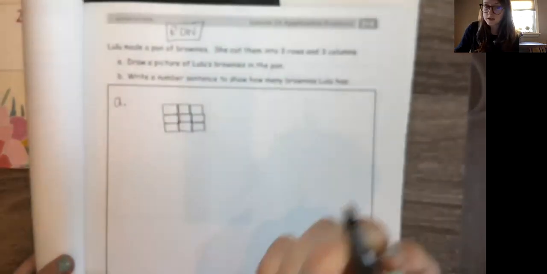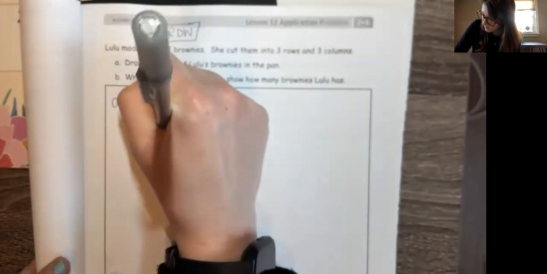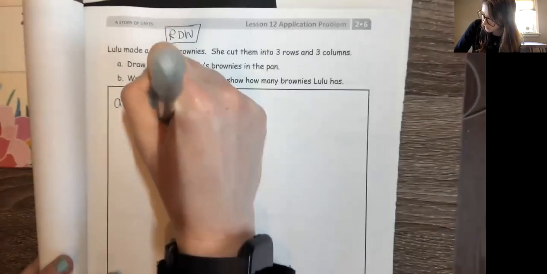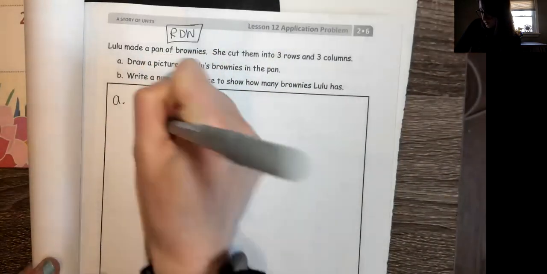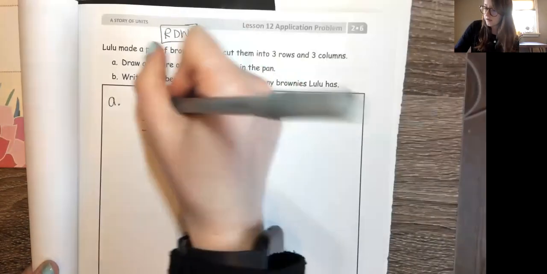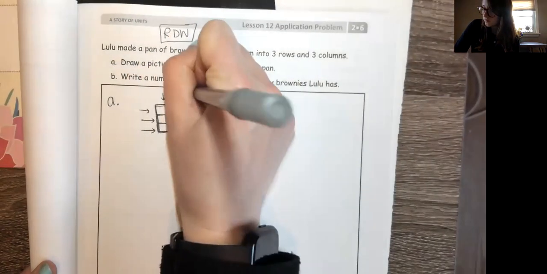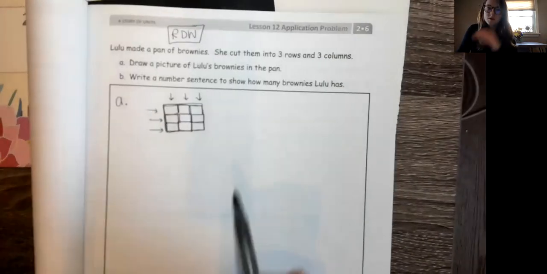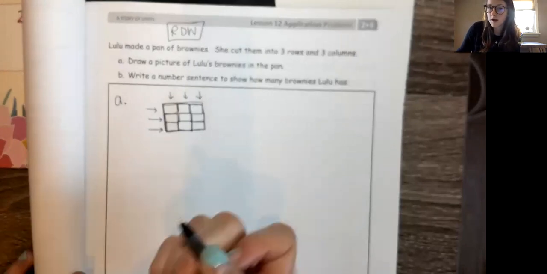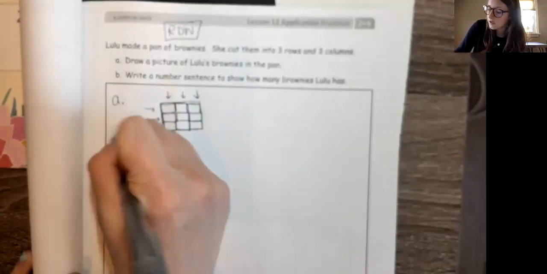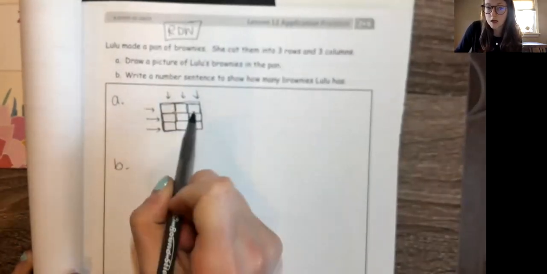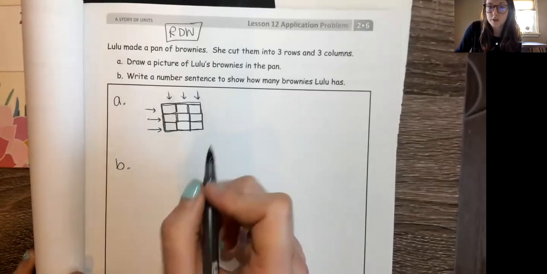So I'm going to make sure that there is a brownie in each row and each column, right? So if I'm looking at my picture, I have my brownie pan. I have 3 rows, 1, 2, 3, and 3 columns. 1, 2, 3. So if I wanted to write a number sentence to show how many brownies Lulu has, I could look at my rows and my columns to figure out my repeated addition equation.